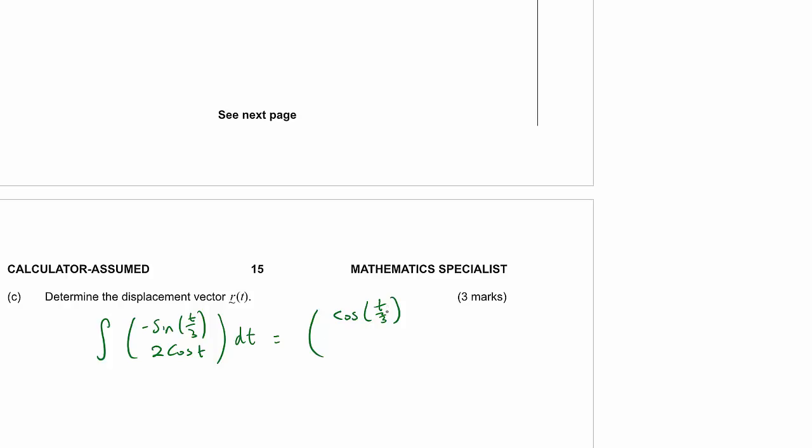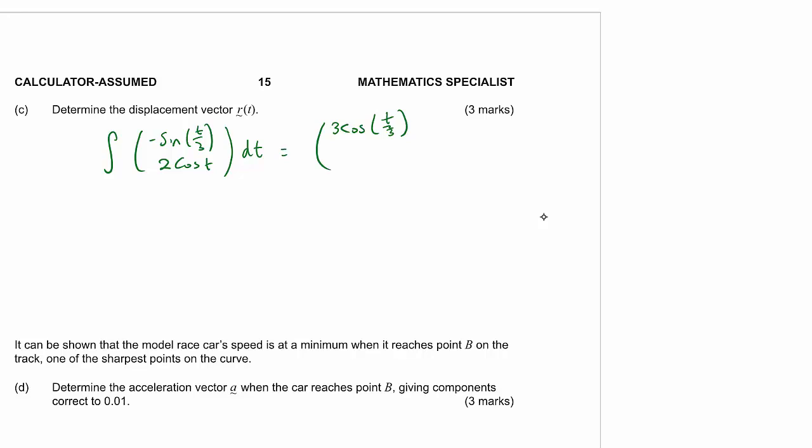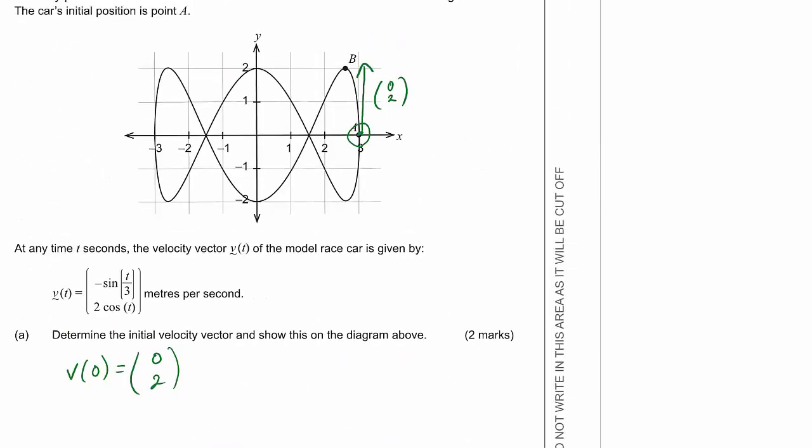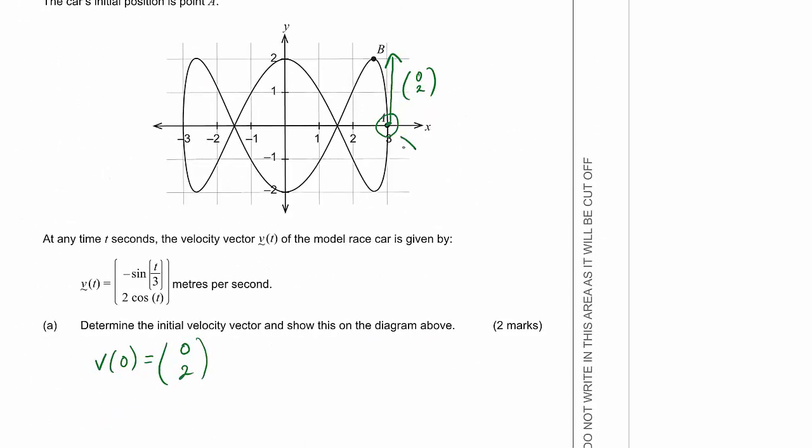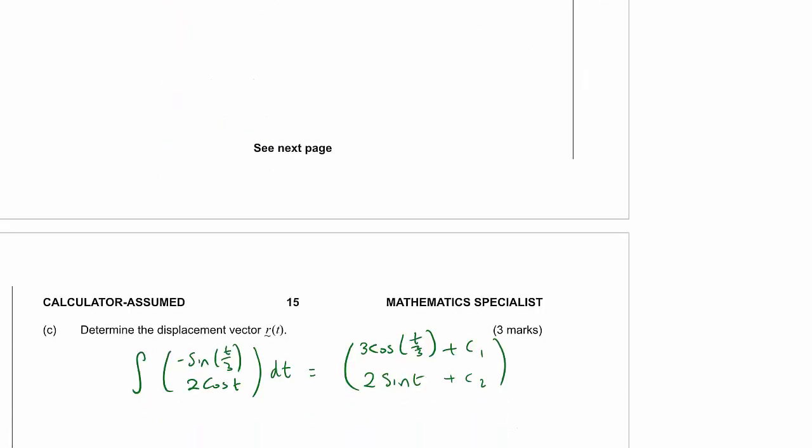We need to divide by the differential of the inside, so dividing by a third means the same as multiplying by 3, and integrating cos goes to sine, so that's 2 sine t, and of course we need constants of integration, which we'll call c1 and c2, but we know that the initial position is here at 3, 0.